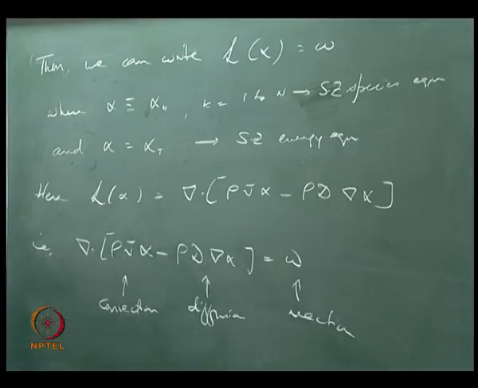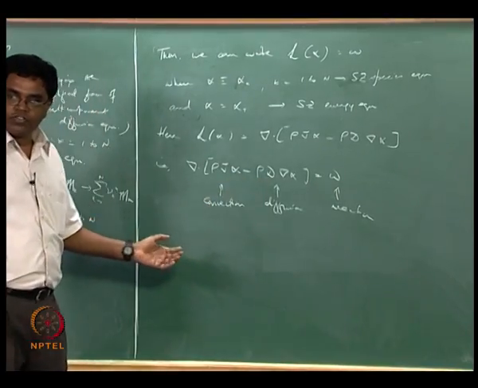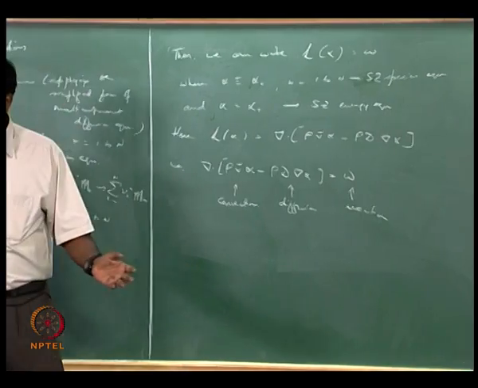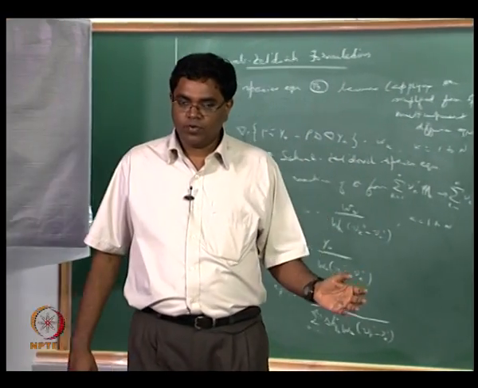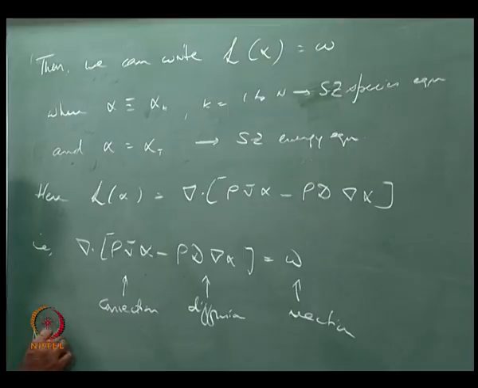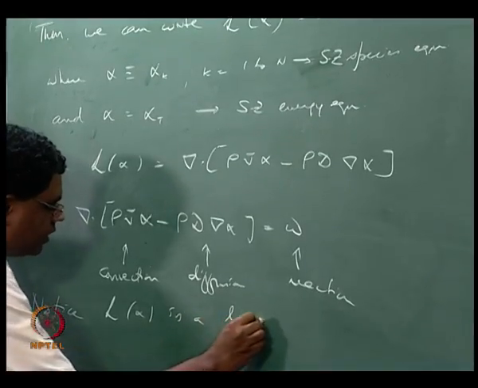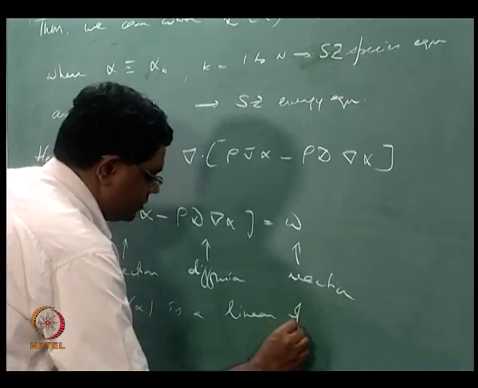All we have to do now is to notice that this is a linear operator, so it is possible for us to now subtract one alpha from the other, and the right hand side is the same for all these equations, therefore you should get a 0 there. So notice L of alpha is a linear operator.